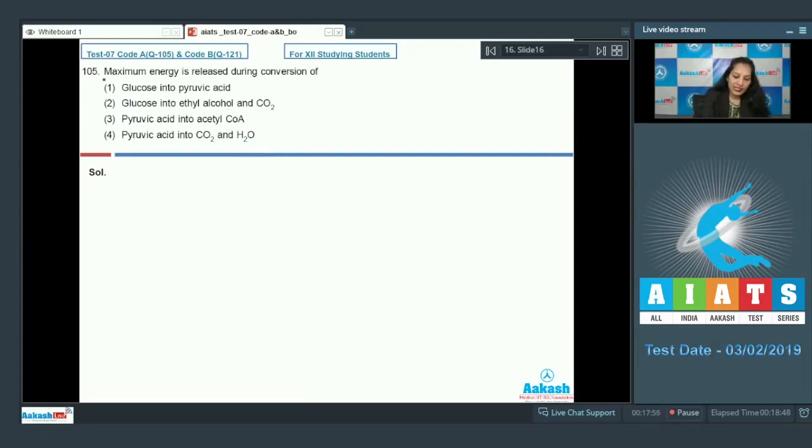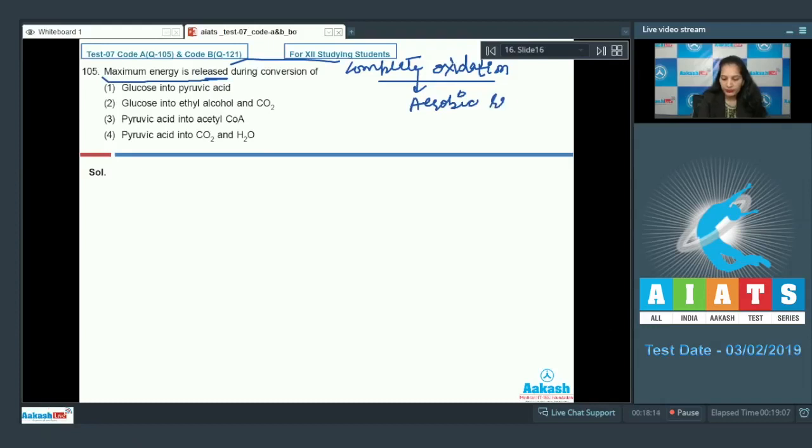See, the maximum energy is released during complete oxidation of any substrate, and complete oxidation takes place during aerobic respiration. So glucose into pyruvic acid, this is glycolysis. The net ATP production from glycolysis is 2 ATP.